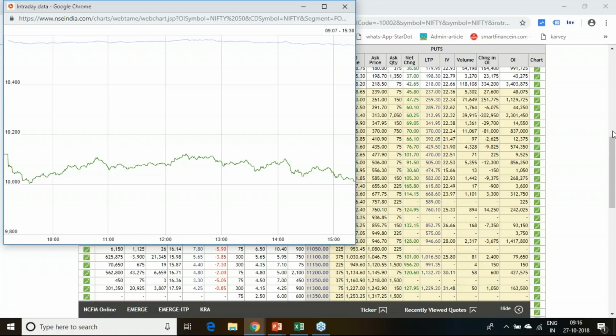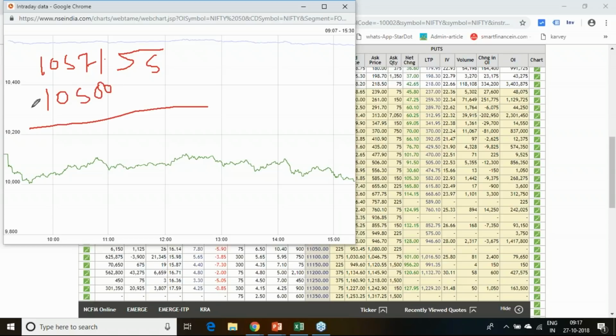So how much premium is it trading at? I will deduct the strike, so my premium is 71 rupees and 55 paise.